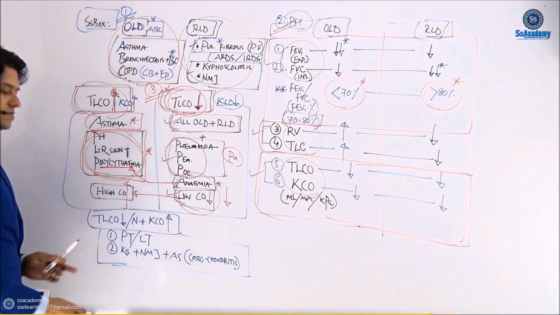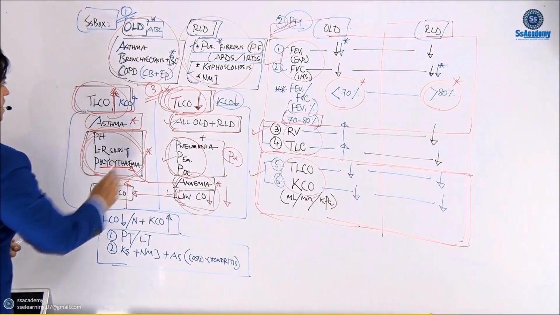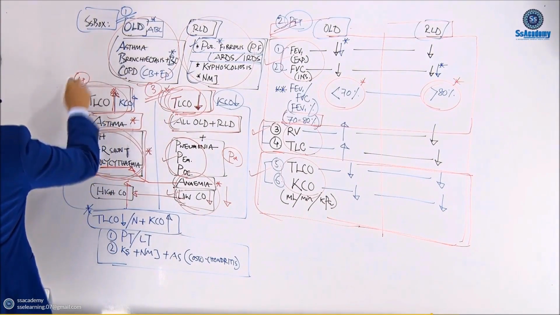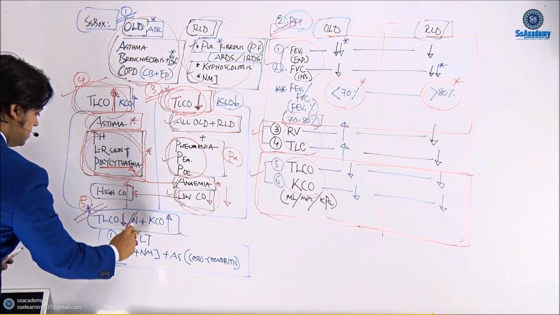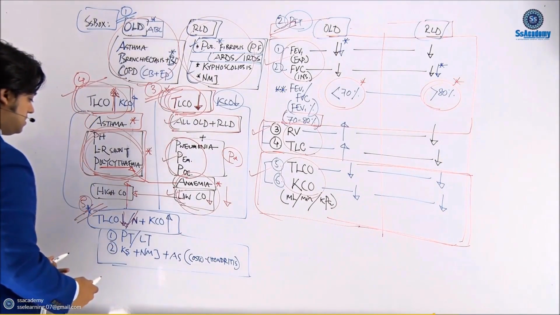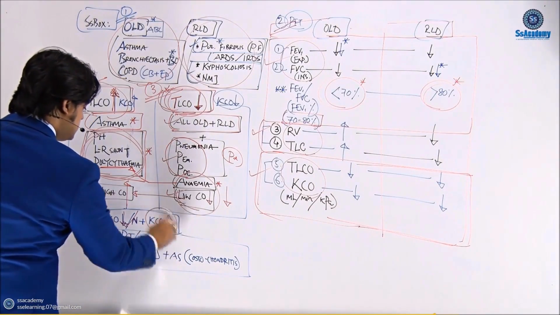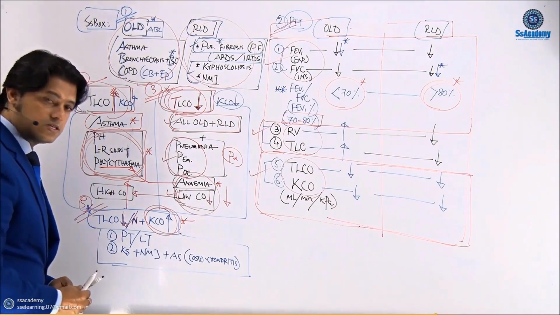But in some diseases, you see, the last box, number 5, the TLCO is reduced or normal sometimes, but the KCO is increased. This is important, all right?